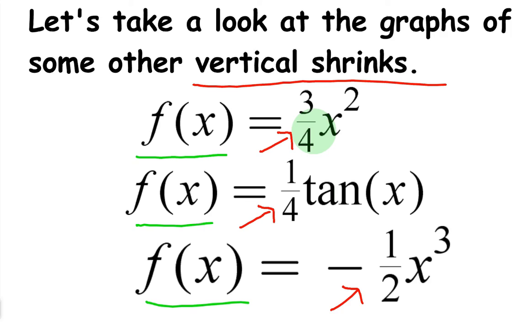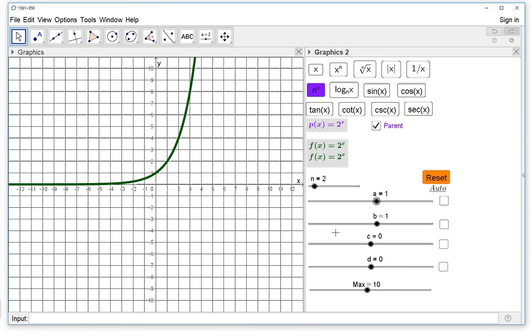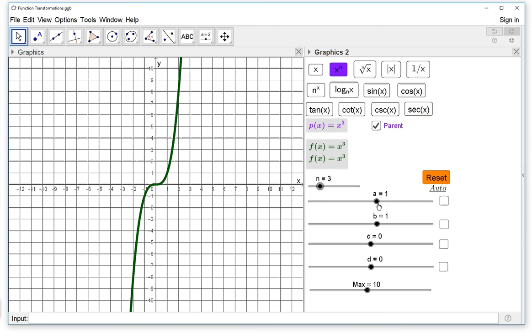Let's do a negative one. What was that one I was just looking at? X cubed. Okay. So what happens when you make a negative? It flips first and then the y values shrink. That's very difficult to see in one swoop.